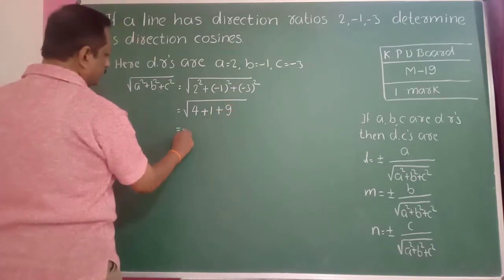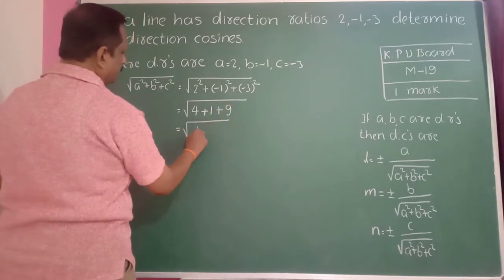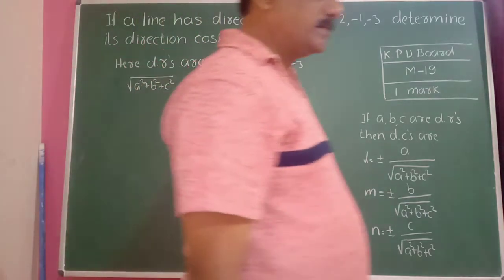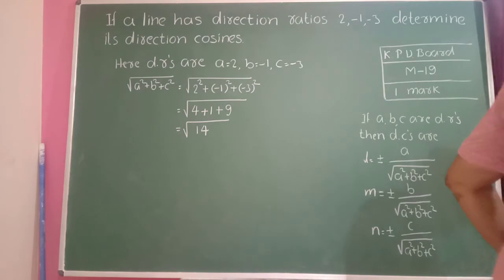Therefore this is equal to root of 14. Root of a square plus b square plus c square is root of 14 here.